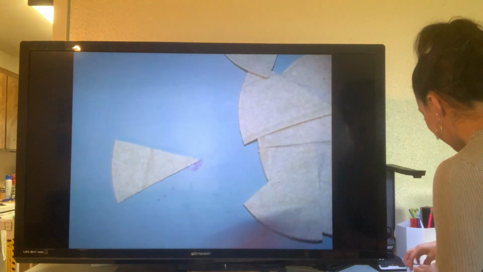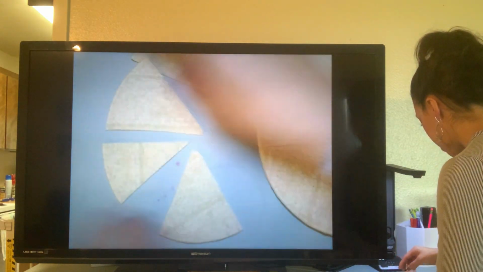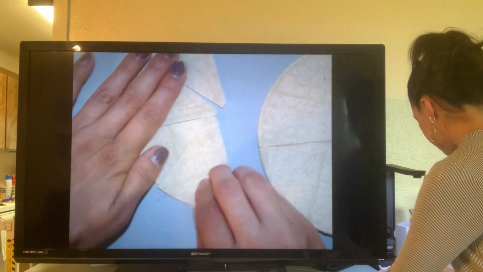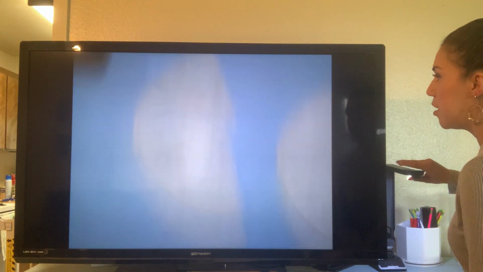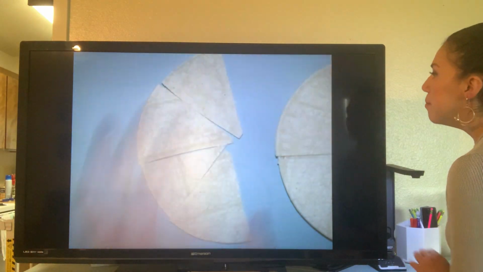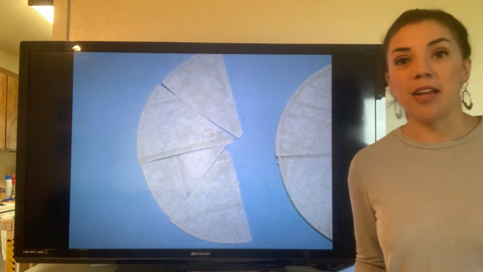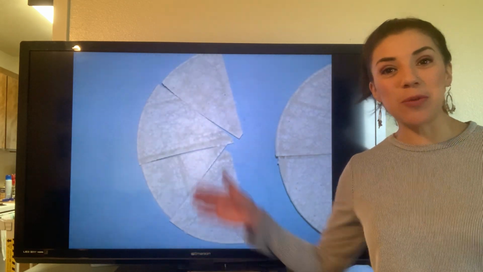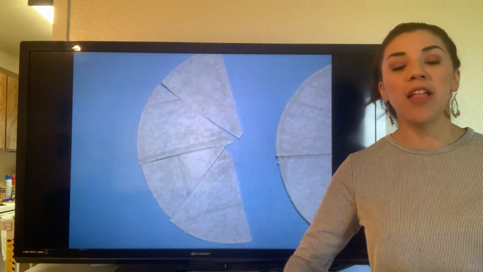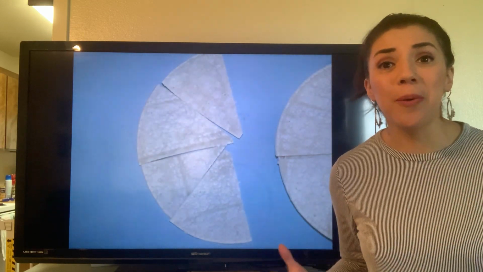So let me scoot this big guy over. So there it is. You can see it. 4/8 equals 1/2. Okay, so these are all equal fractions. They're equivalent.